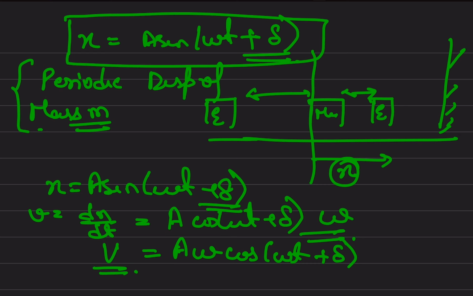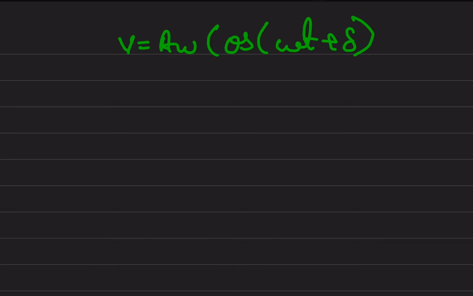So the expression for the velocity came out to be v is equal to a omega cos (omega t plus delta).